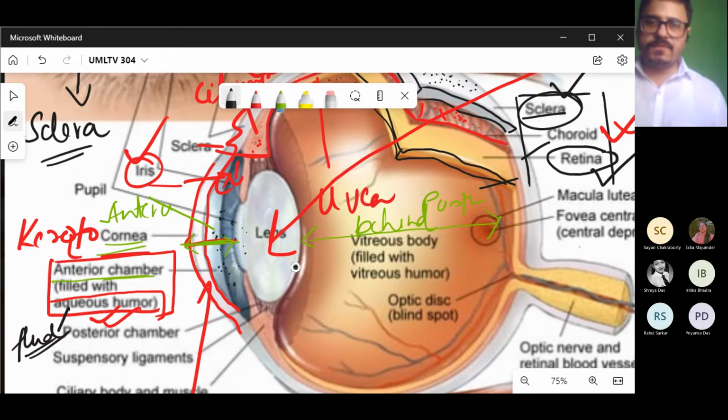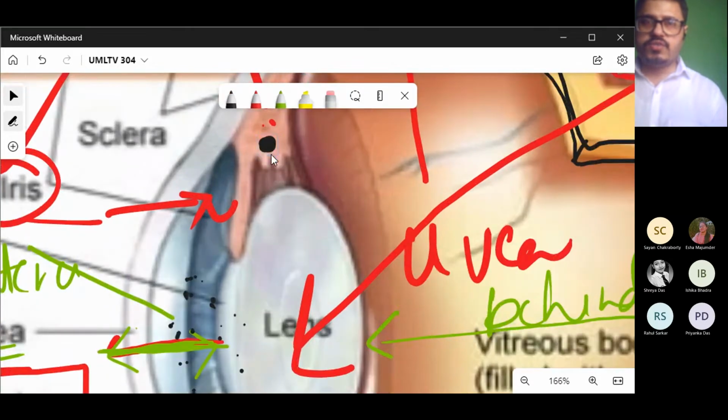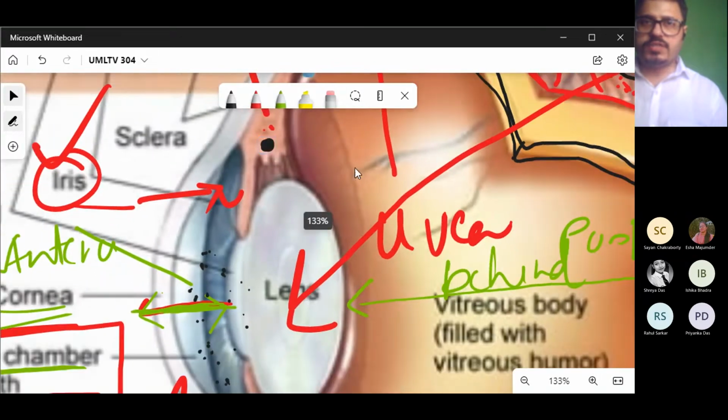Yes, sir. And this aqueous humor carries nutrition, because the location where this aqueous humor is formed is the ciliary body. Try to observe this black color dot. This ciliary body is where the aqueous humor is formed, and after formation it moves into the space behind the iris.